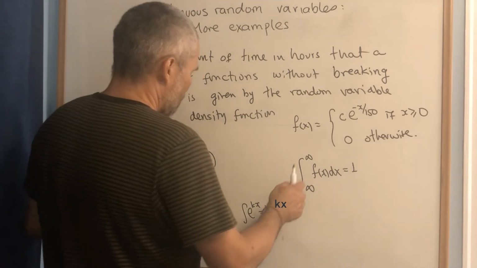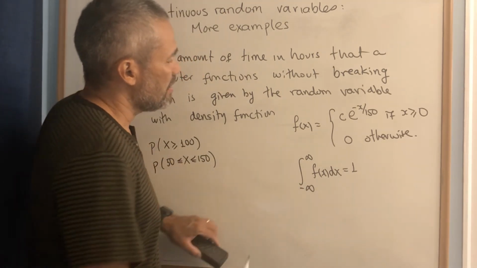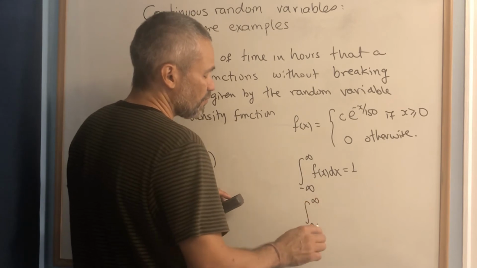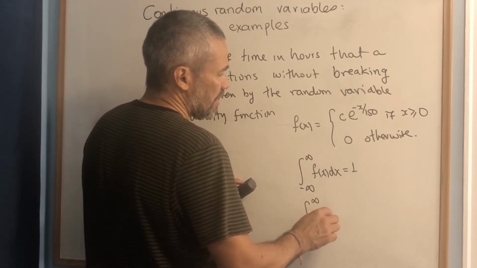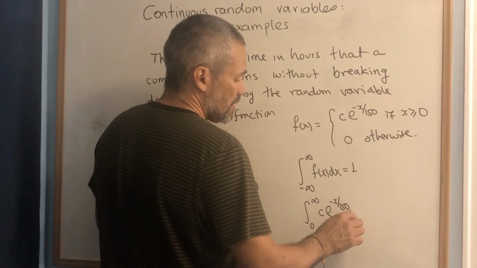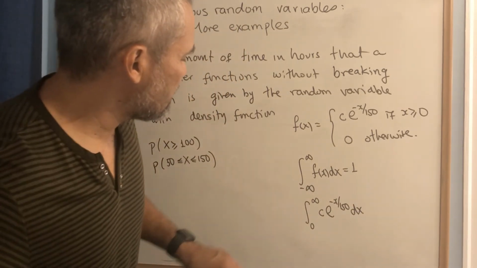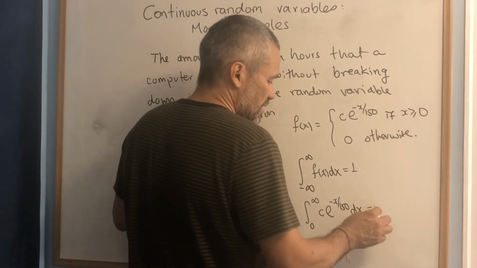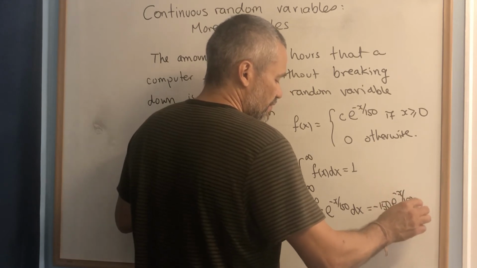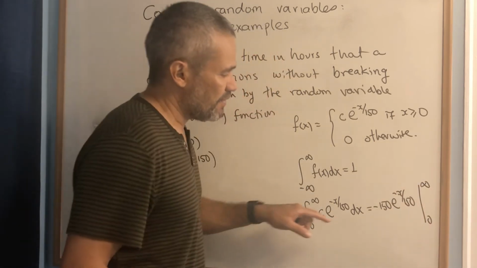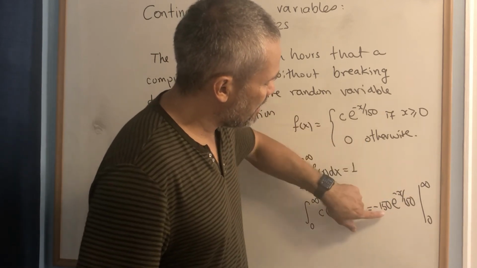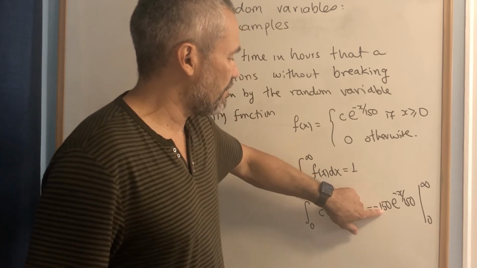Then when we try to compute this integral, because of the splitting of the density function, this is just the integral from 0 to infinity of c times e to the negative x over 150 dx. But this integral is just negative 150 e to the negative x over 150 evaluated from 0 to infinity. You can check that if you do the derivative of this, a negative comes down because of the inner derivative and a quotient of 150 that cancels with this 150.